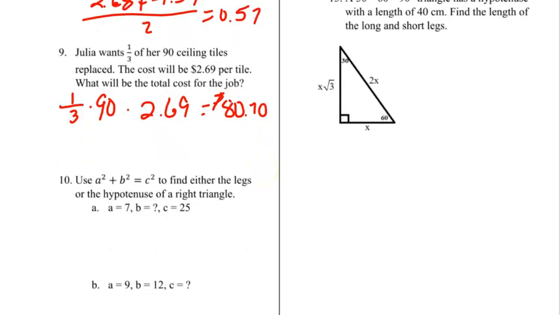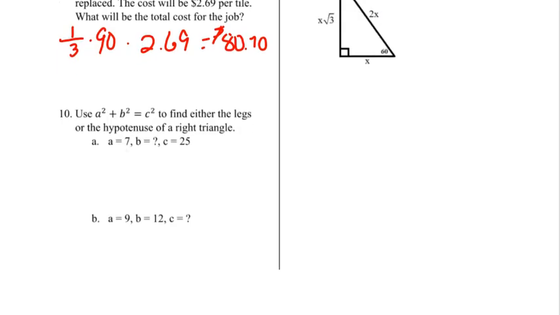Question 10, we're going to use the Pythagorean theorem to find either the legs or the hypotenuse of the right triangle. So we have 7 squared plus b squared, and this is going to equal 25 squared. 7 squared is 49, plus b squared equals 625.